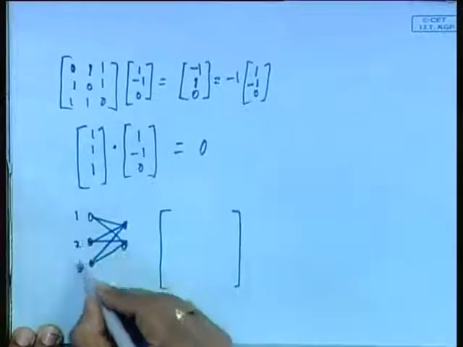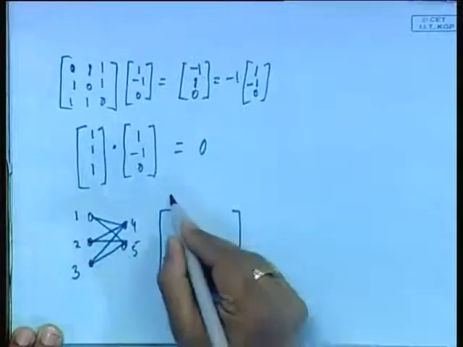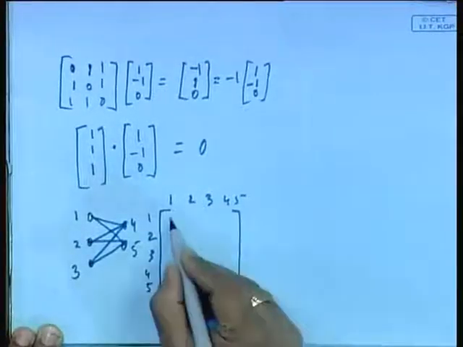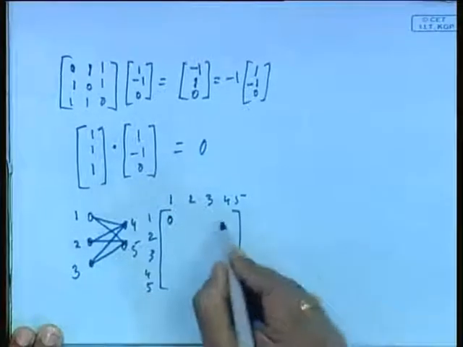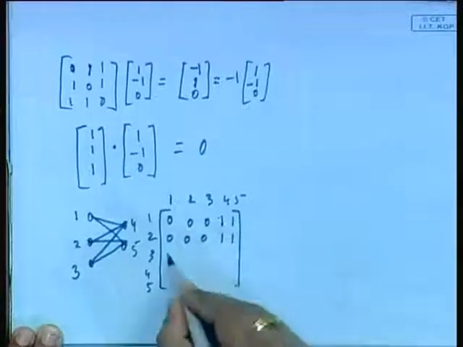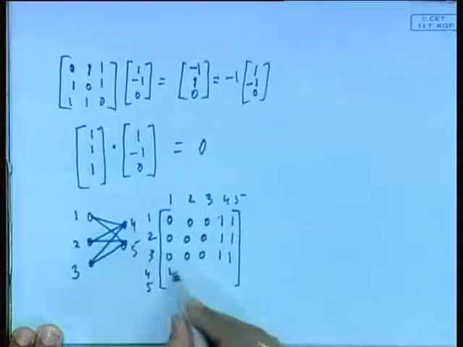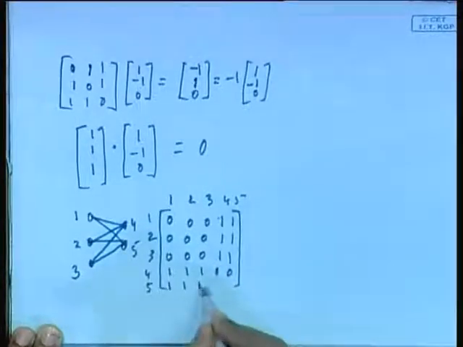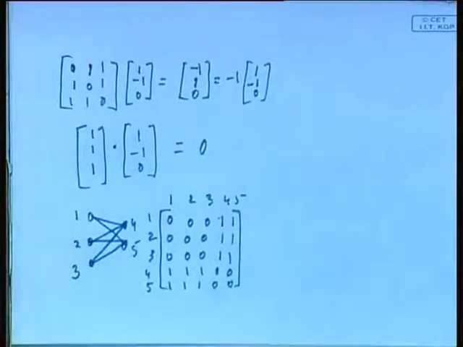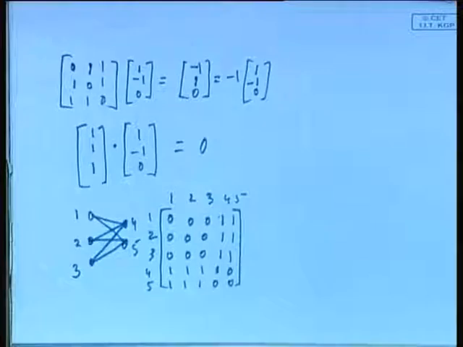For your benefit, let me write it this way. Right. So, this is how it looks, and now suppose you are asked to compute the eigenvectors or eigenvalues of this graph.